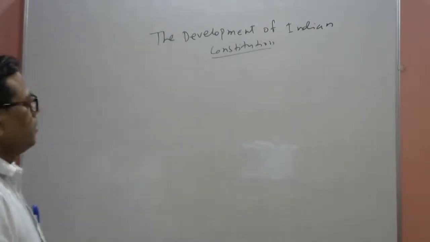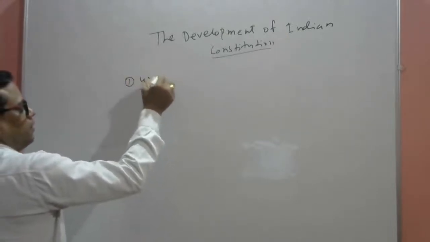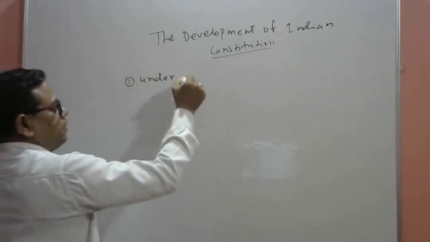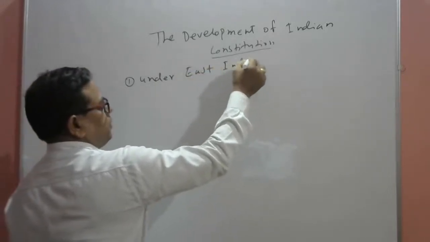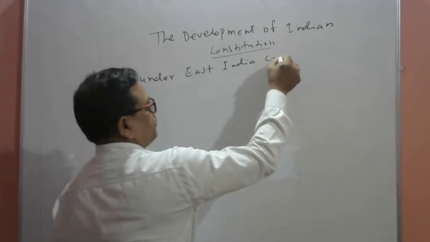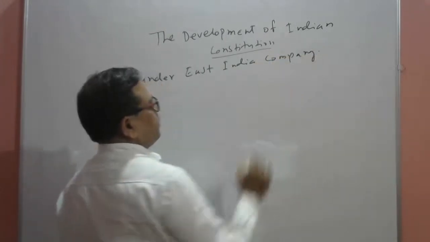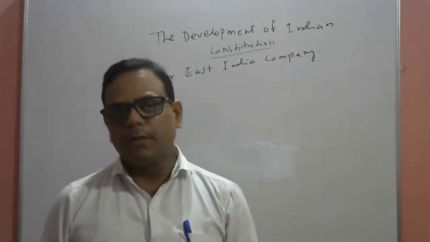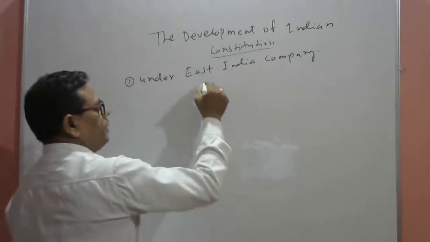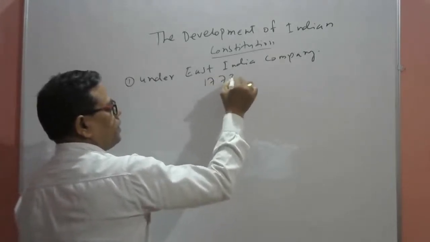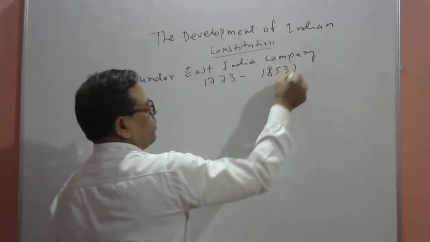Mainly, first is under East India Company. Under East India Company, the development of the Indian Constitution, 1773 to 1853.